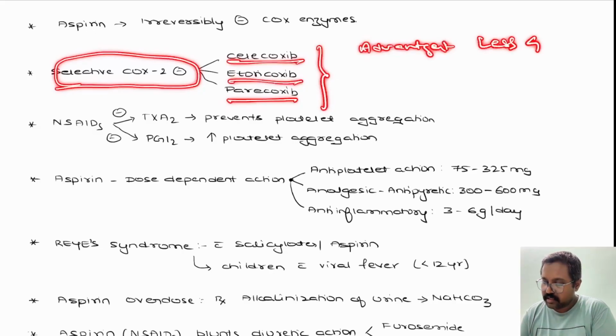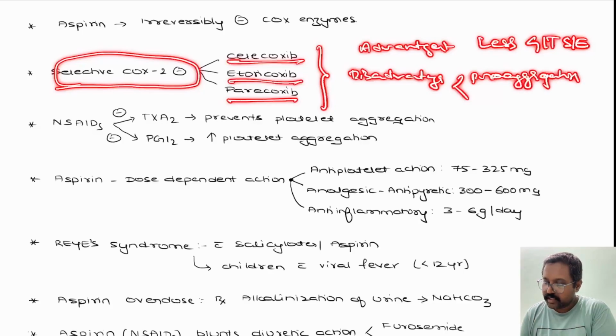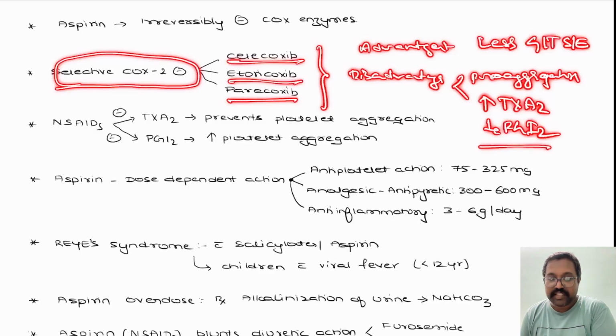fewer GIT side effects, but the disadvantage is that it is pro-aggregatory. That means it increases the activity of thromboxane A2 and decreases prostacyclin production. So this is very cardiotoxic in nature.